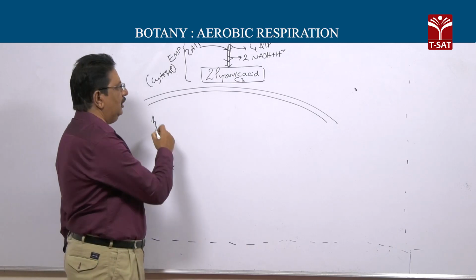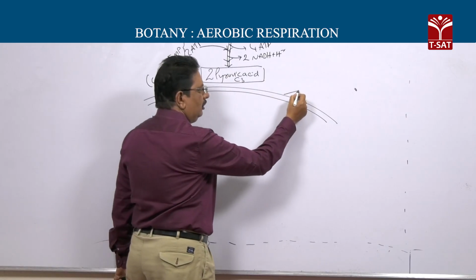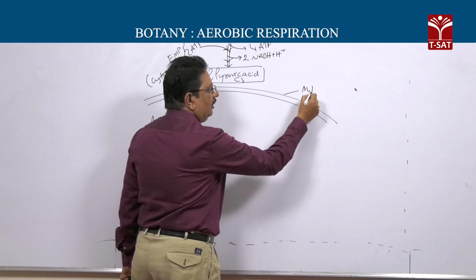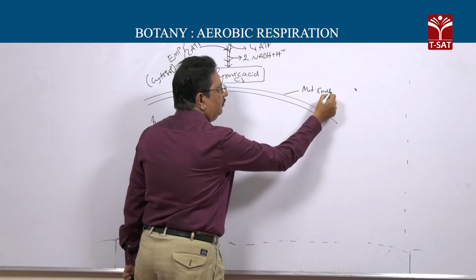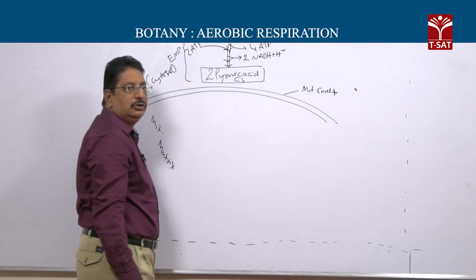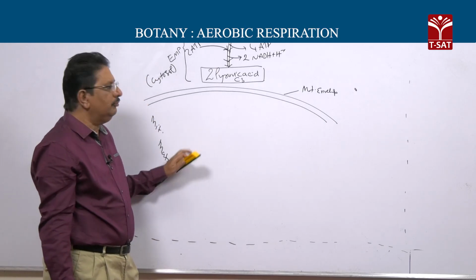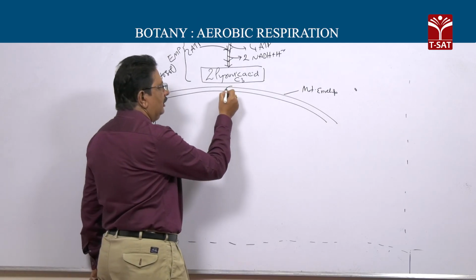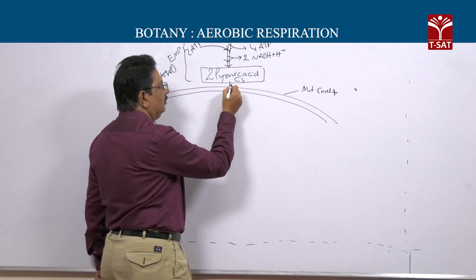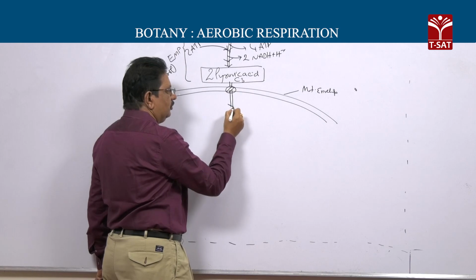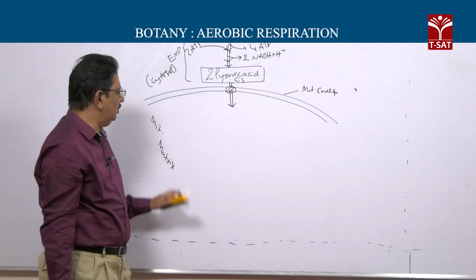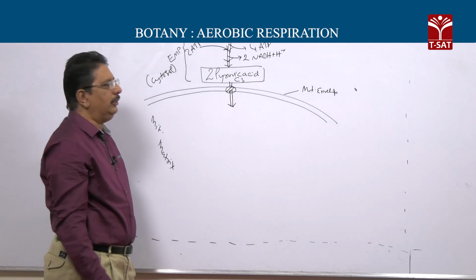The mitochondria has an envelope, the mitochondrial envelope, comprising 2 unit lipoproteinaceous membranes. From here, the pyruvic acid is transported from the cytosol to the mitochondrial matrix.